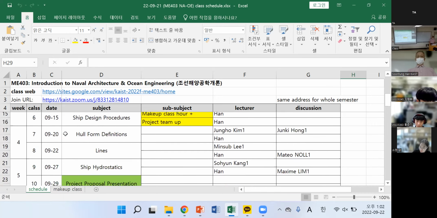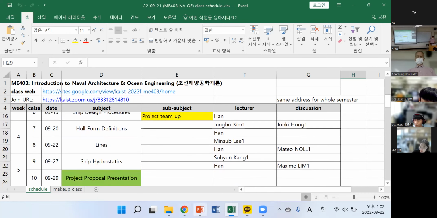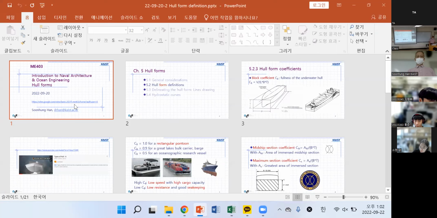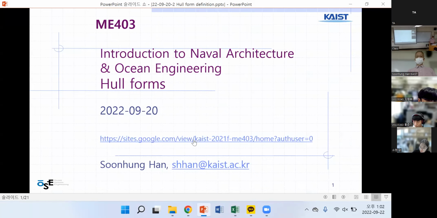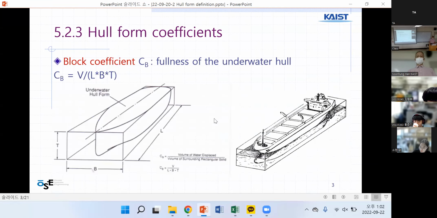Okay, and we move on to whole form definition, second part. Right, block coefficient. There was a question last time.